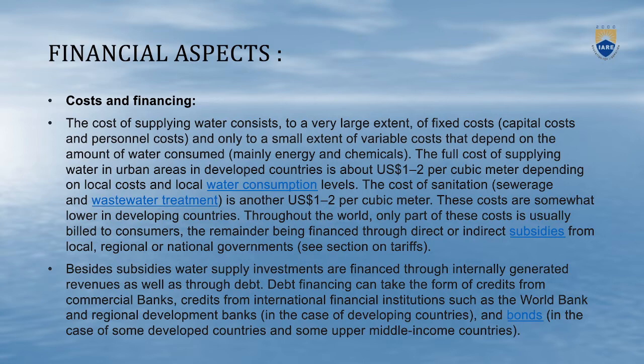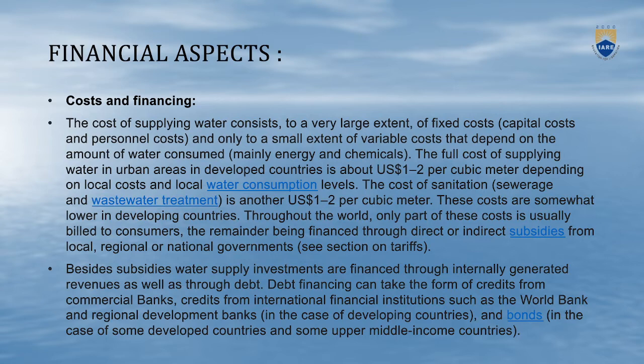Throughout the world, only part of this cost is usually billed to consumers, the remainder being financed through direct or indirect subsidies from local, regional, or national governments. See section on tariffs. Besides subsidies, water supply investments are financed through internally generated revenues as well as through debts.